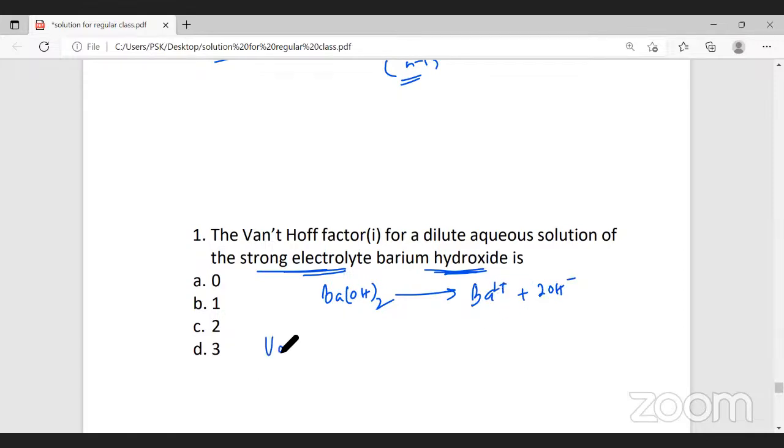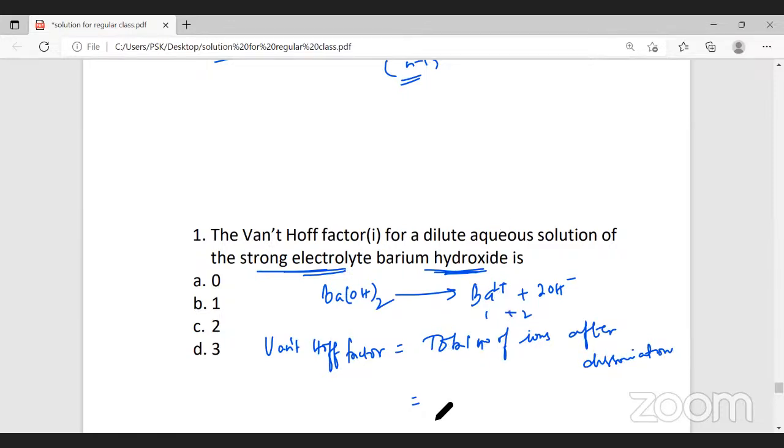For these, the Van 't Hoff factor is equal to the total number of ions after dissociation. What's the total number of ions? 1 plus 2, so the Van 't Hoff factor I will be 3.